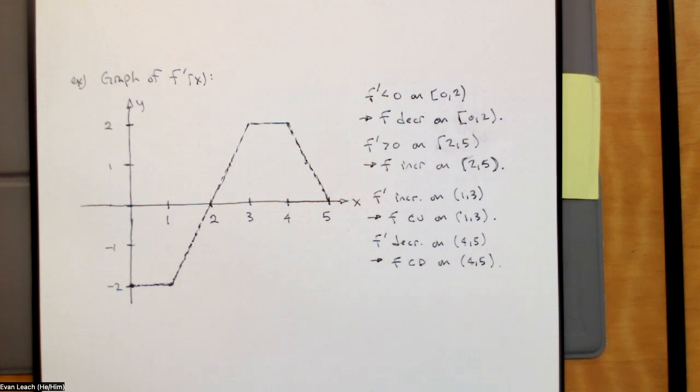Notice that f prime is flat on the interval from 0 to 1 and from 3 to 4. So our function will be linear, no concavity on those two intervals.